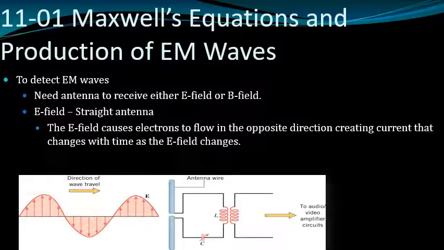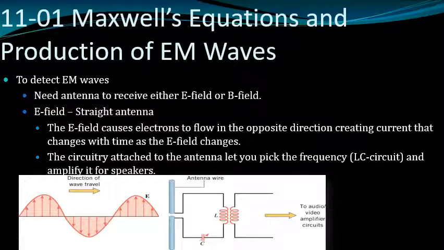That current goes through some circuitry, goes to an amplifier, and then comes out as whatever. So we have circuitry, has a capacitor, an inductor, and gets amplified for your speakers, or goes to the TV circuit, or whatever it is.